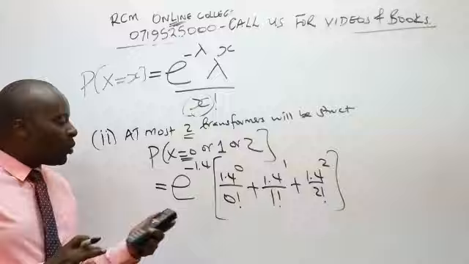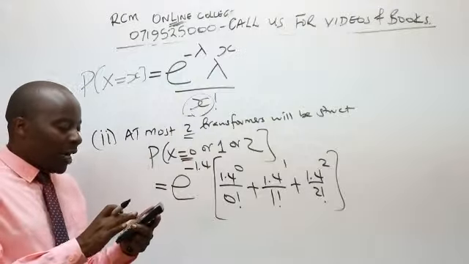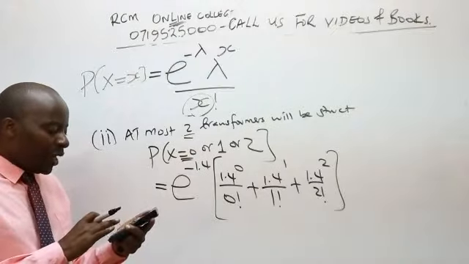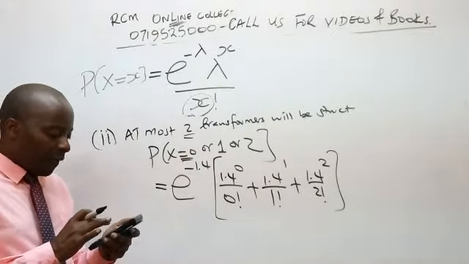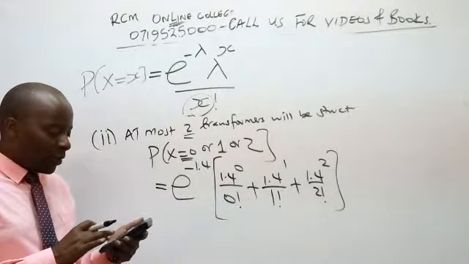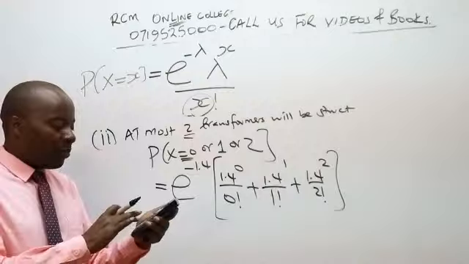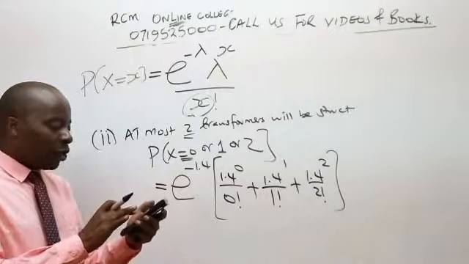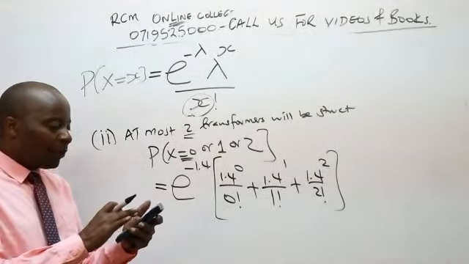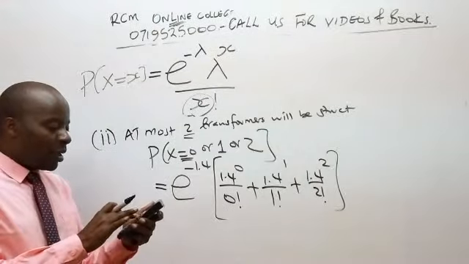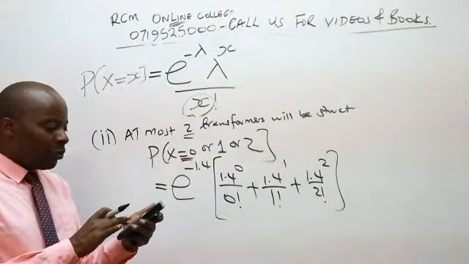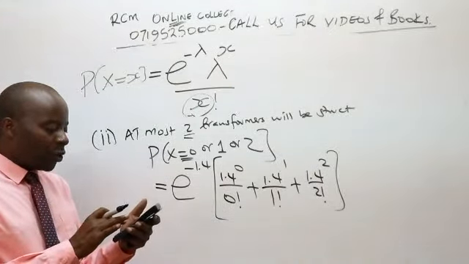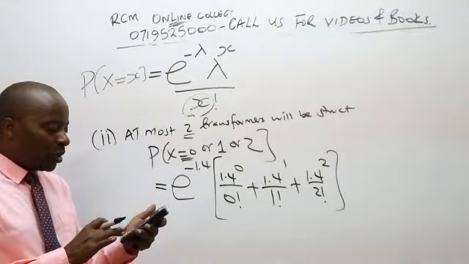And then we have times open bracket, 1.4 raised to 0 divided by 0 factorial, plus the second term, 1.4 raised to 1 divided by 1 factorial, plus 1.4 raised to power 2 divided by 2 factorial, equals.